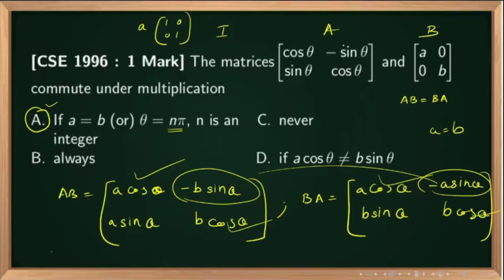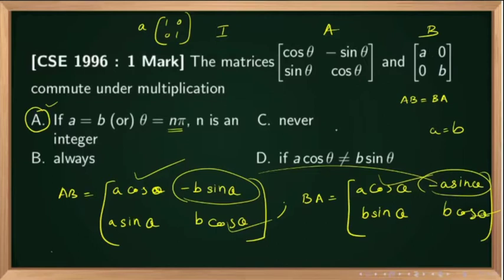And also if theta equals n pi, this becomes a scaled value of the identity matrix, because then these two terms cancel out. So naturally that will be a scaled identity matrix. So in these two cases, one of them turns out to be an identity matrix.